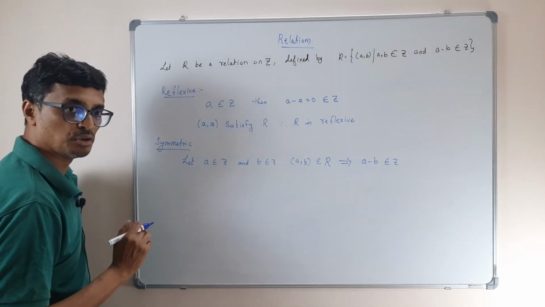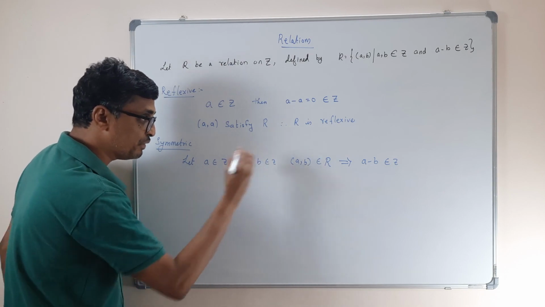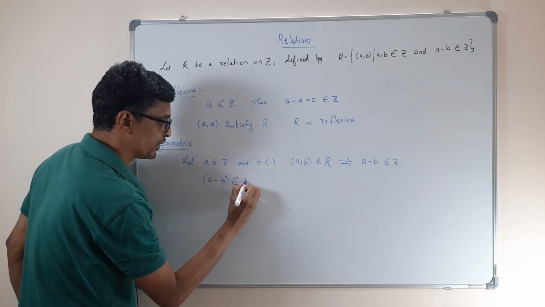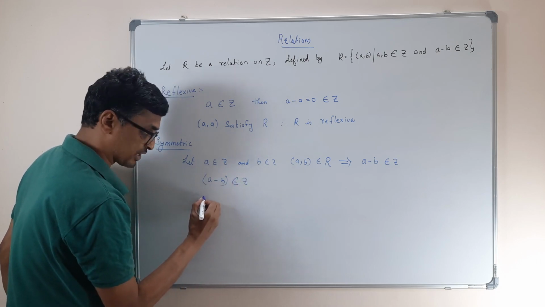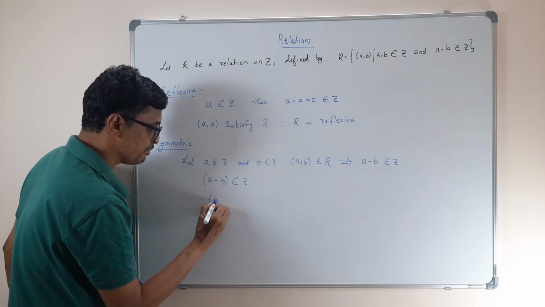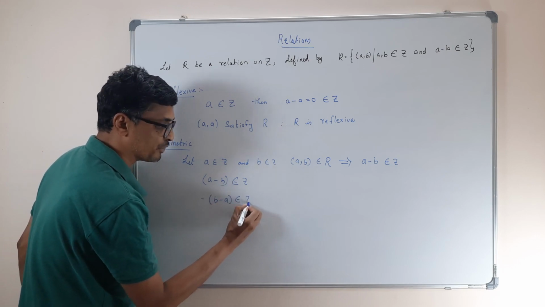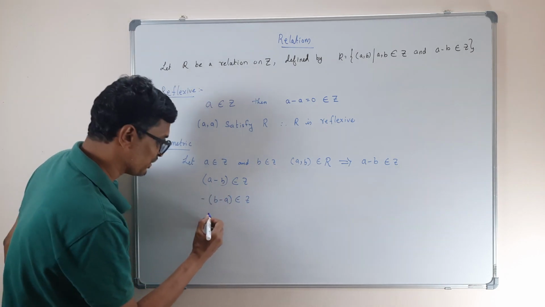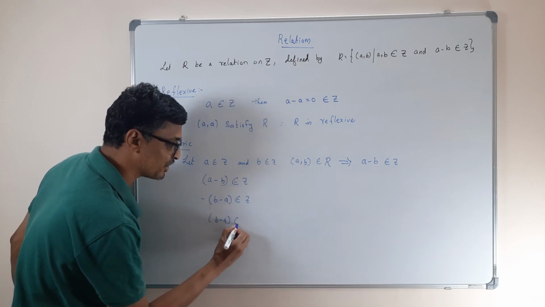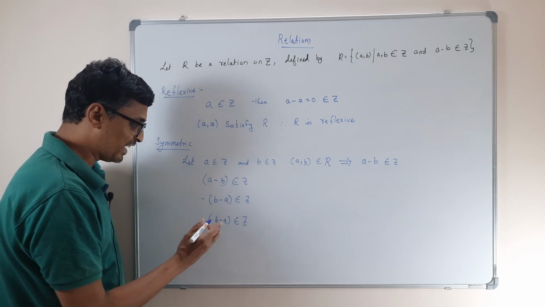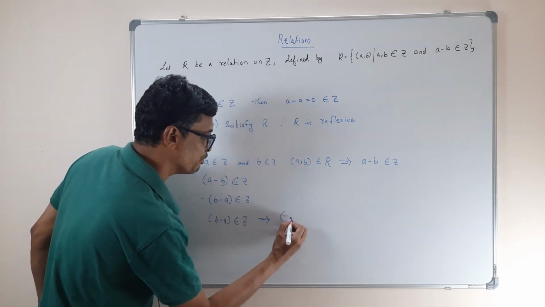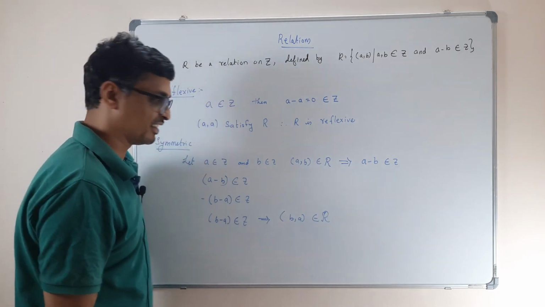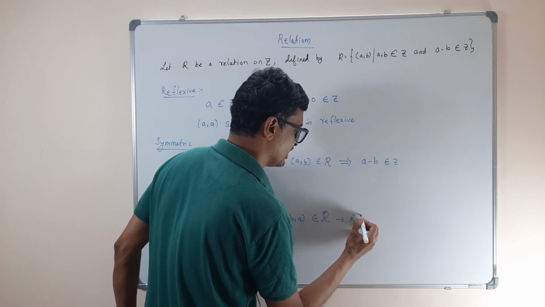Now, what about (b, a)? a minus b is an element of Z, and if I take a minus outside, then b minus a is also an element of Z, since multiplying by a minus still gives an integer. So b minus a is also an element of Z. This implies (b, a) is also an element of R. Therefore, R is symmetric.